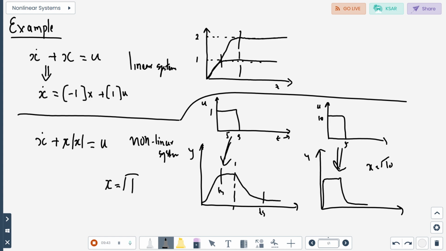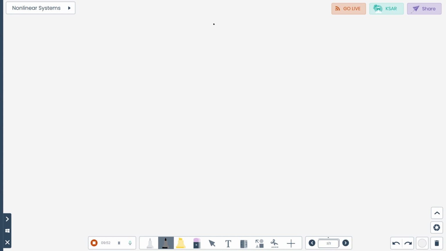It can make the system unstable. Fine. So this is one example showing how nonlinear system and linear system dynamics are basically different.